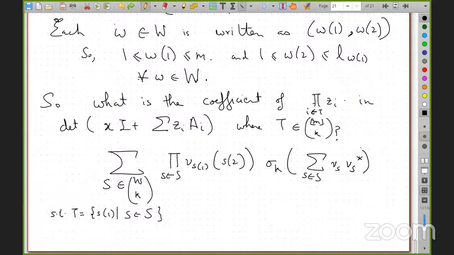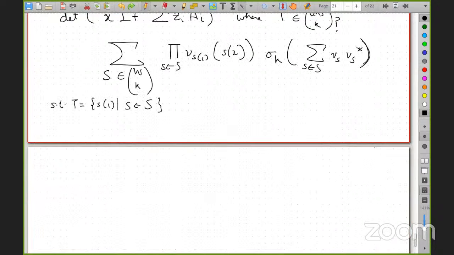This is another way of writing it. Basically, these sets exactly correspond to functions from T: for every element of T, you have to choose a vector from the corresponding set. Do you see what I'm saying?